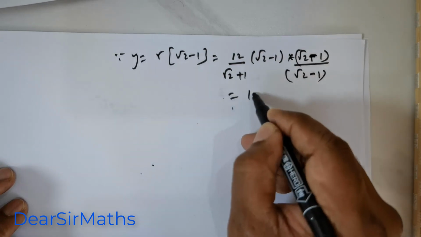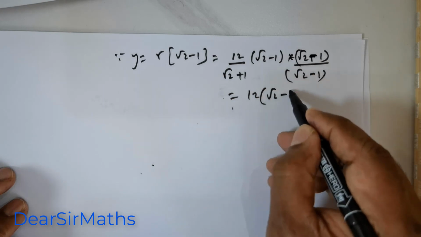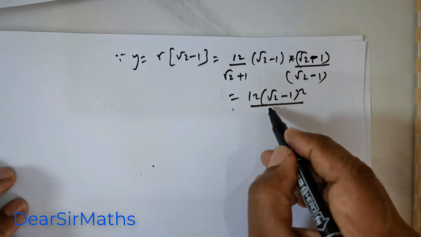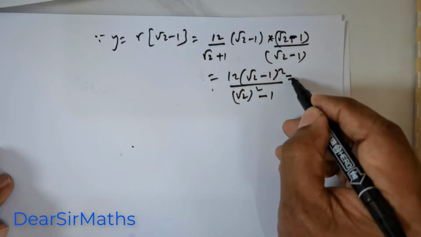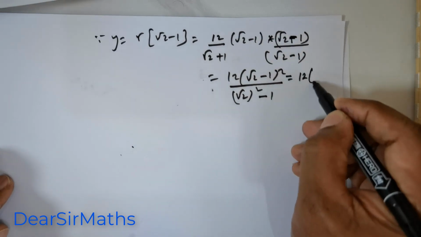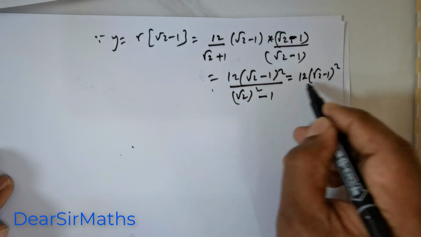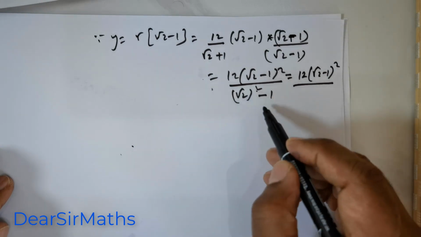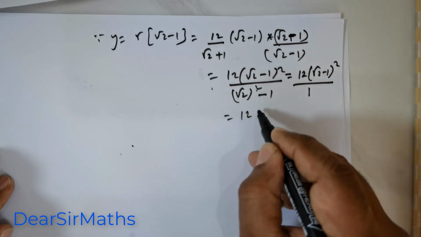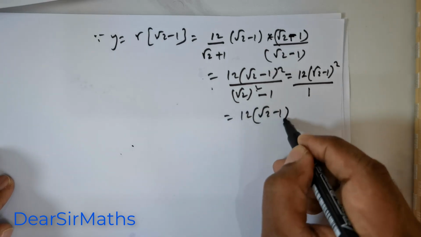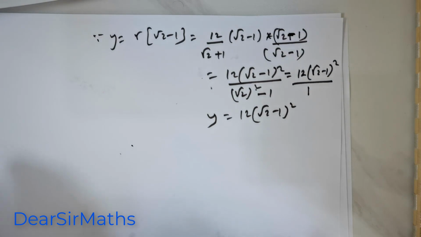So this is going to give me 12 times (root 2 minus 1) raised to the power of 2, over root 2 squared minus 1, which is 2 minus 1, which is 1. So I got a value 12 times (root 2 minus 1) raised to the power of 2. This is my y. So I've got my y, I've got my x.